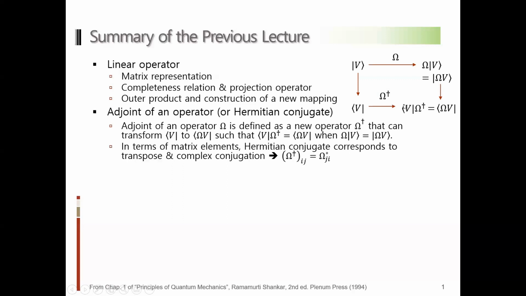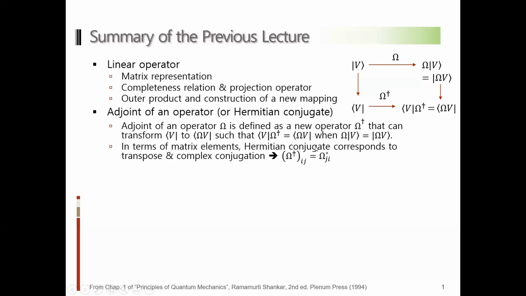However, this is conceptually correct, but it is not easy to imagine what really happens to this operator, or what is the relation between this adjoint and the original operator. And if we find the matrix elements of this adjoint, or Hermitian conjugate of the original operator, then the situation becomes much simpler.